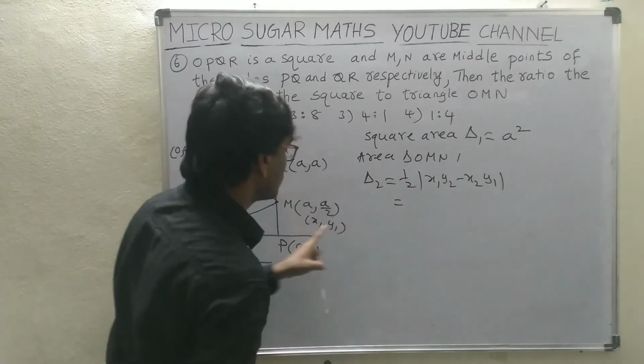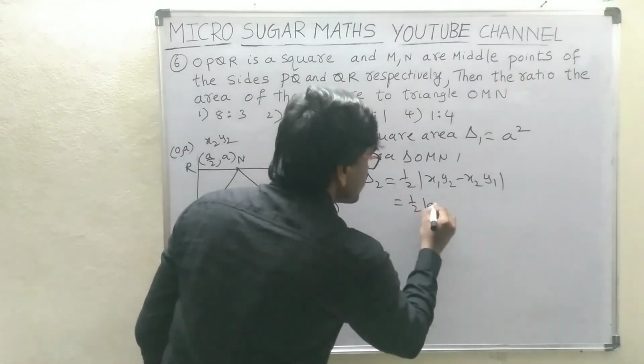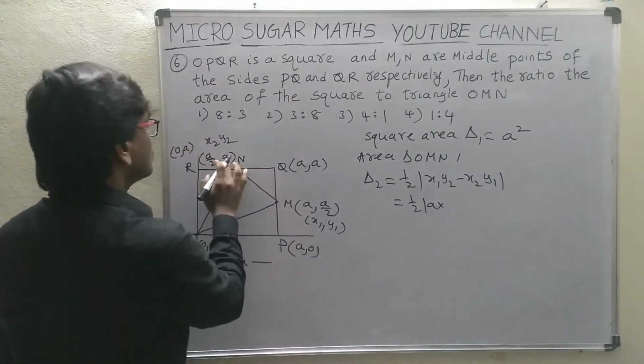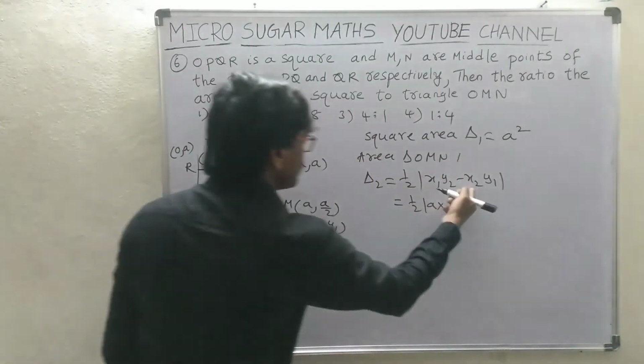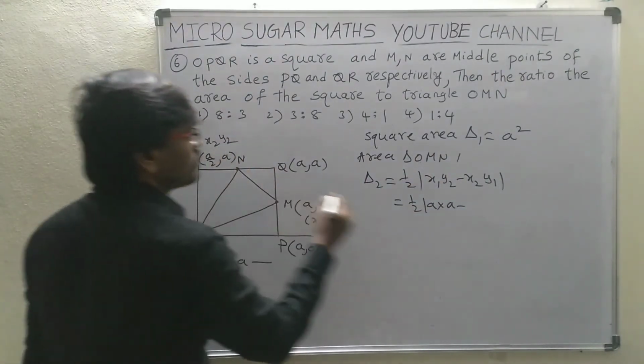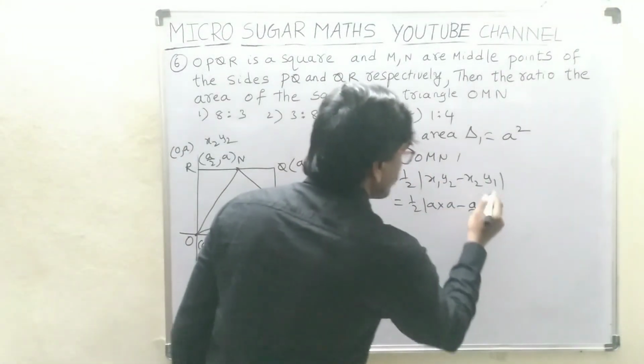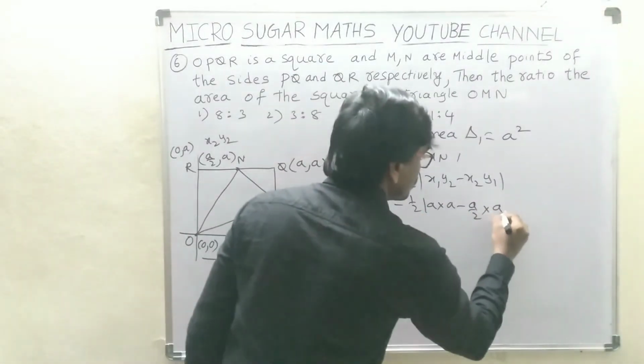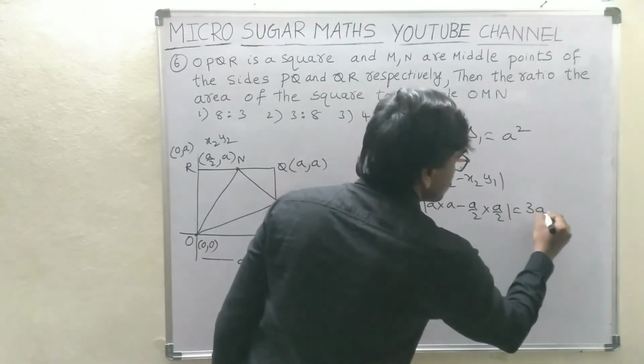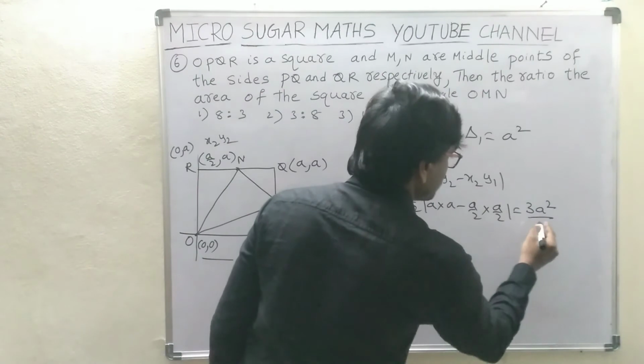Now what is your x1? X1 is A into y2 which is A, minus x2 which is A by 2 into y1 which is A by 2. On simplification you will get 3A square by 8, students.